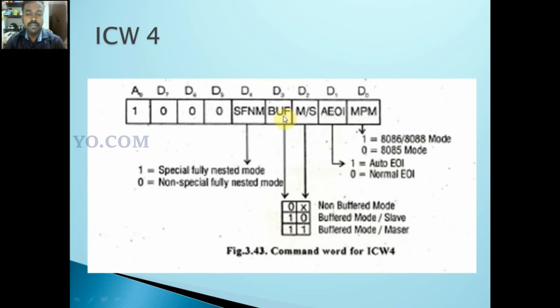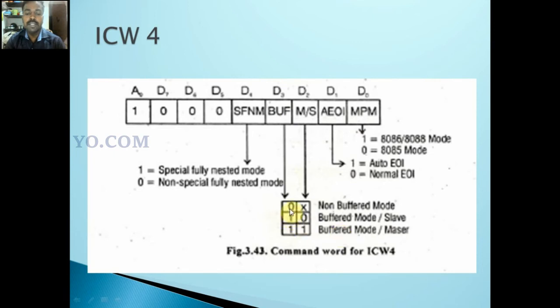If all the bits are 1, then all the interrupts are masked. According to the requirement, we can mask any interrupt from IR0 to IR7. So OCW1 is mainly for masking the interrupt.